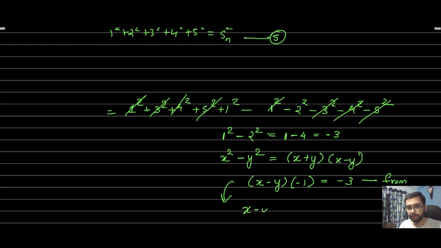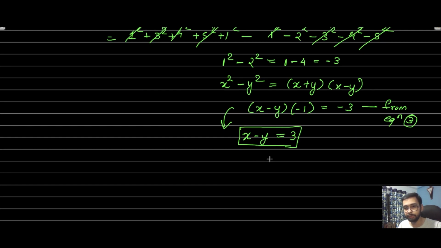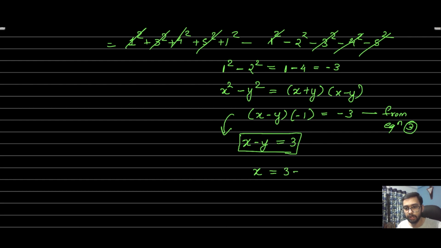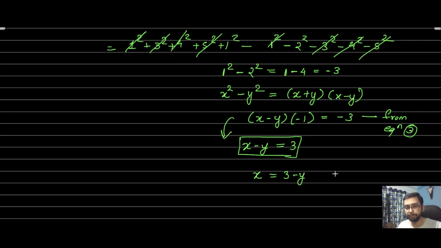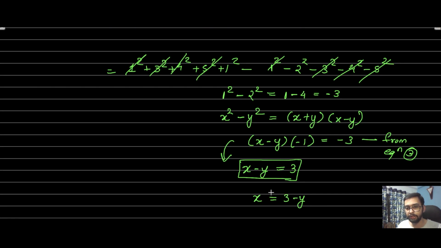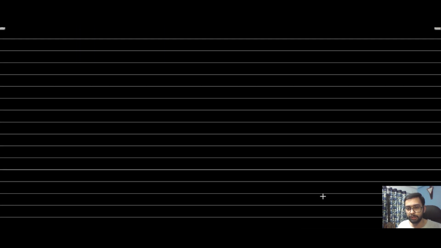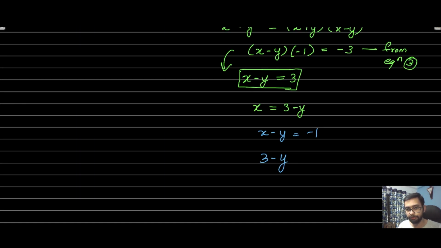Again, by solving it, we will get x plus y equal to 3. Then x is equal to 3 minus y. Then substituting the value of x in equation number 3, that is 3 minus y minus y equal to minus 1, that is 3 minus 2y equal to minus 1, minus 2y equal to minus 4, then y equal to 2.